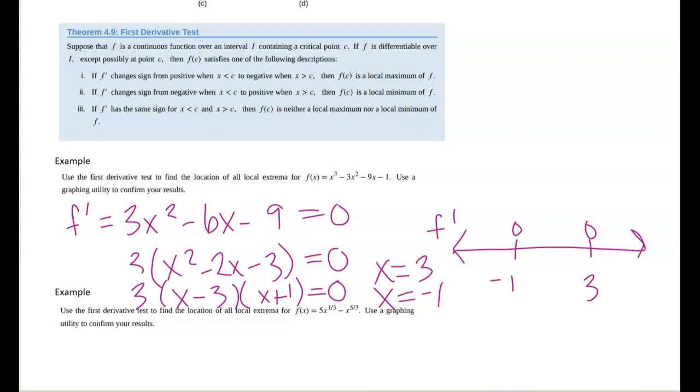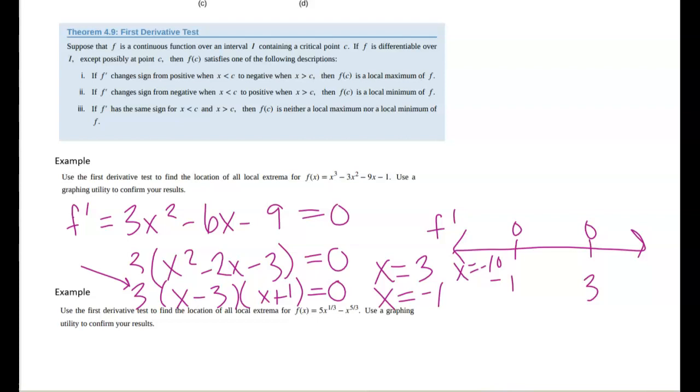My question is, is f prime positive or negative between those critical points? Now, I personally like plugging into the factored form because all I care about is if it's positive or negative. So I can choose anything to the left of negative 1. Let's choose x equals negative 10.